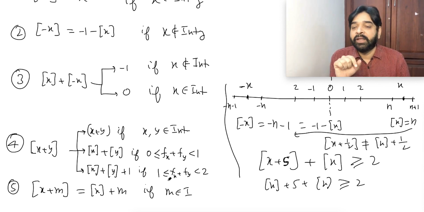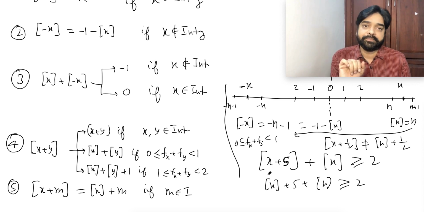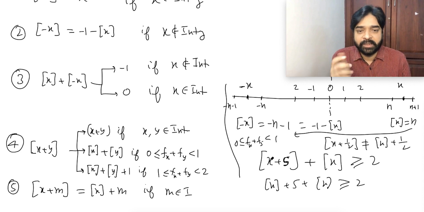How can you understand this property from here? Suppose x plus 5. Think carefully. What is the fractional part of 5? It is 0, because it does not have a decimal part. X will have some fractional part. So the fractional part of x plus the fractional part of 5 lies between 0 and 1, and their summation falls in this category.